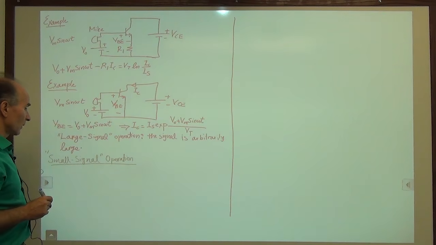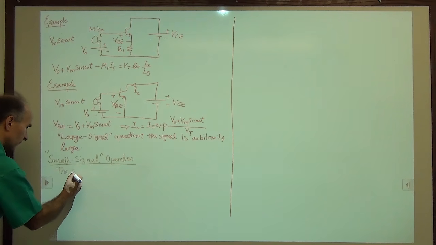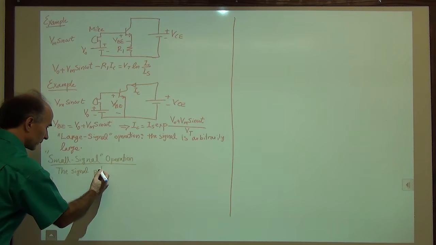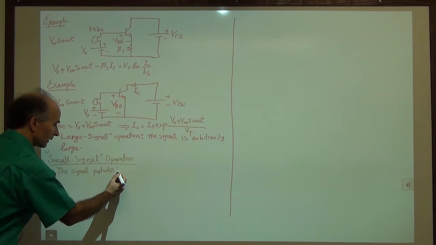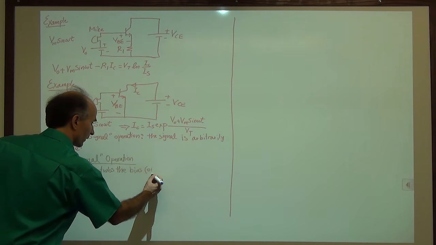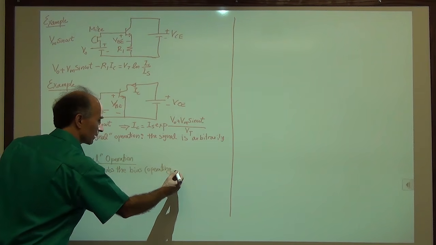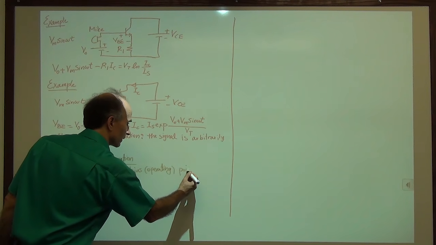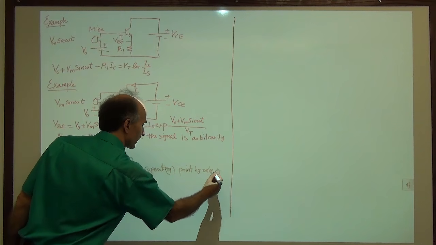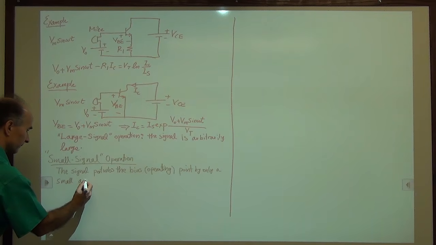All right, so this means that the signal perturbs the bias, or what we call the operating point, by only a small amount.